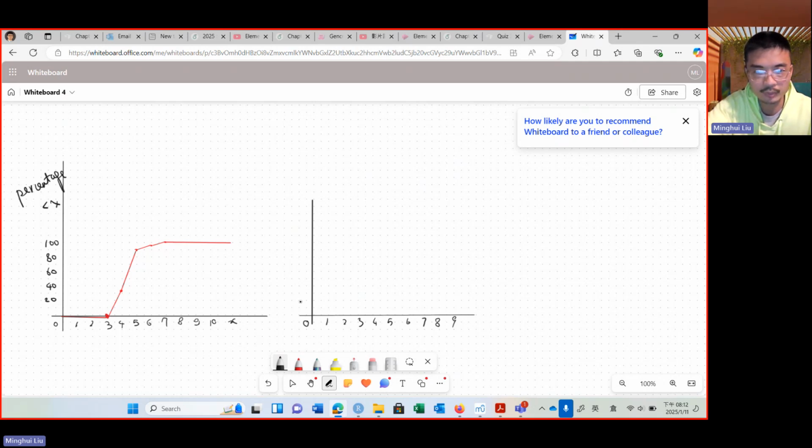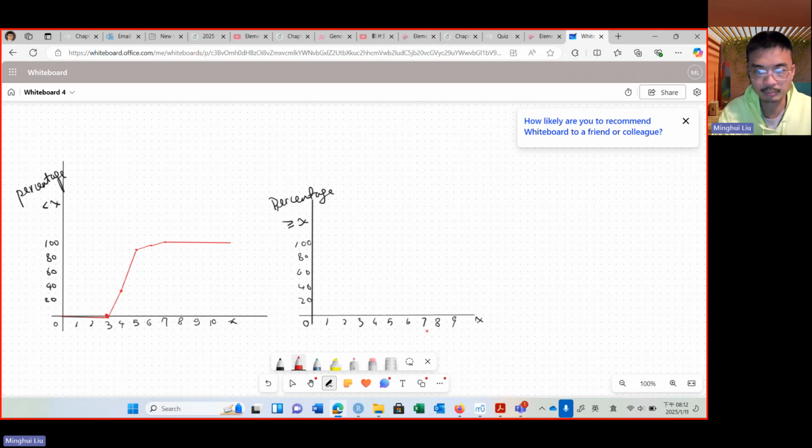And now you have 20%, and then 40%, 60%, 80%, and 100%. And also notice that this is the x-axis, and now this is the percentage of those measurements that are greater than or equal to x. See, there's the difference here.